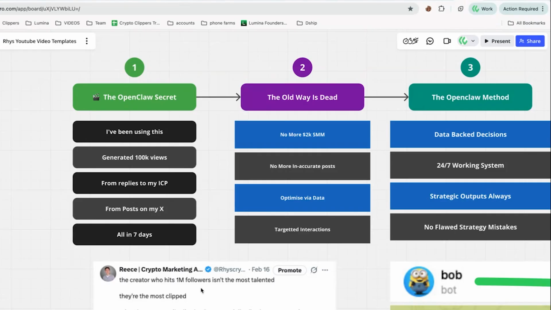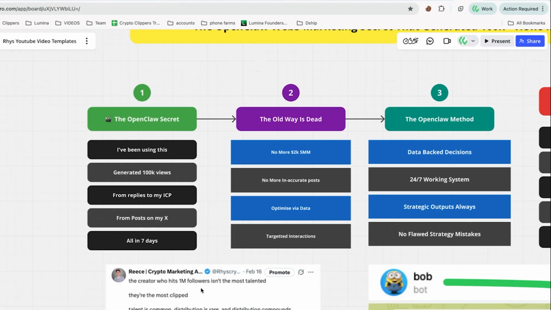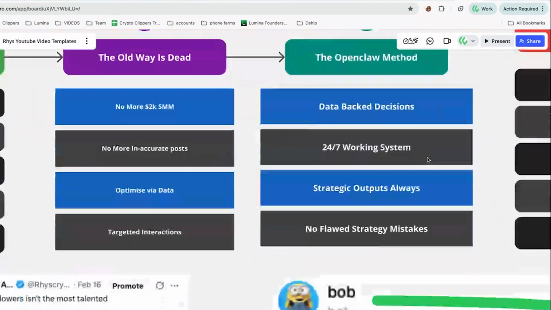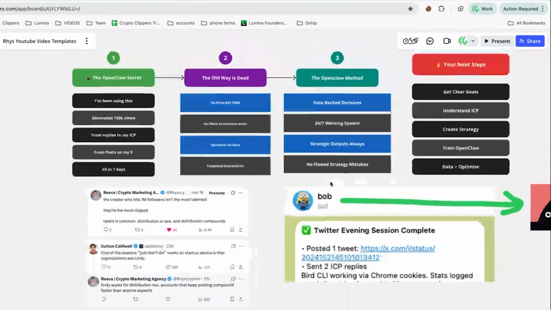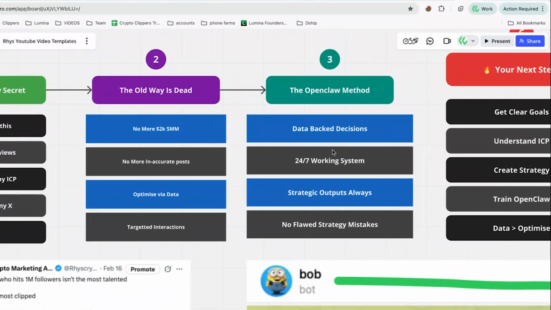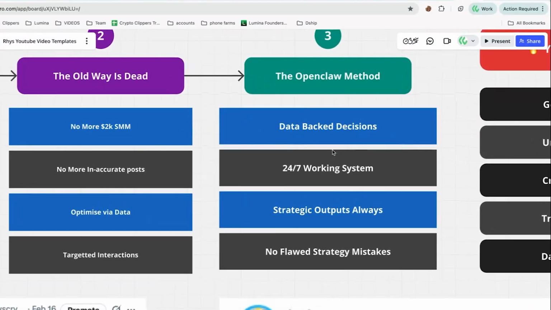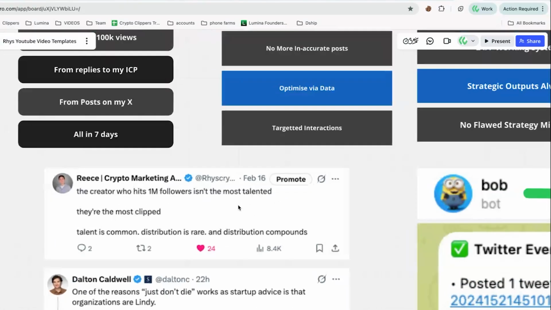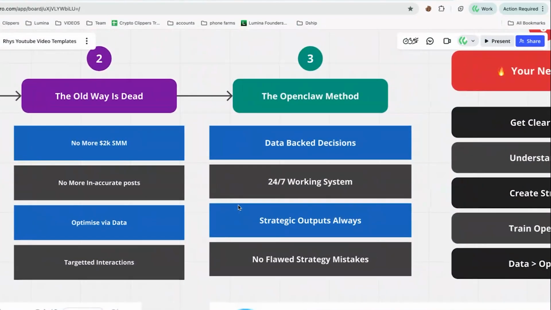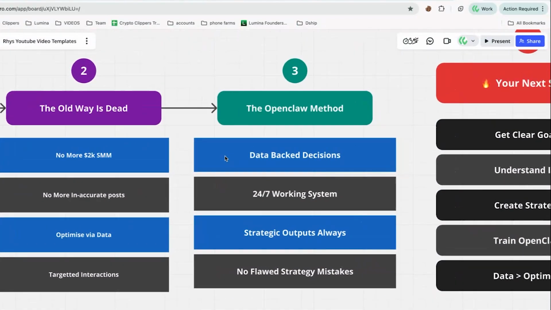This guy will work 24/7, as he is for me. So the OpenClaw method, here is Bob, my OpenClaw slave, and every single decision he makes with my content over the past 7 days has been a data-backed decision, i.e. what has worked for my competitors, what can I do, let's post, let's test, let's double down with what works.